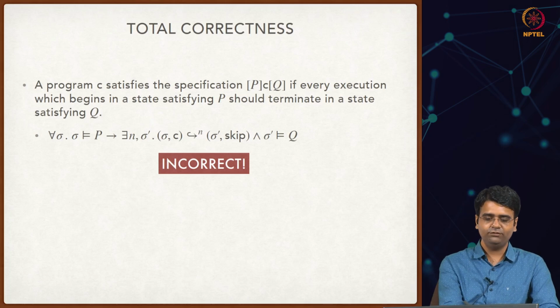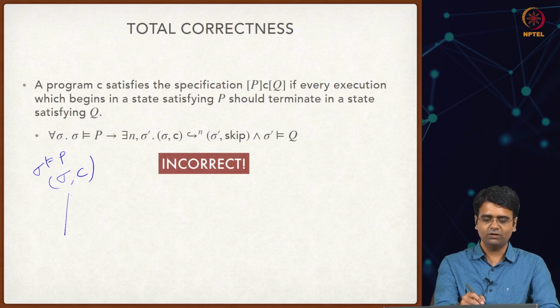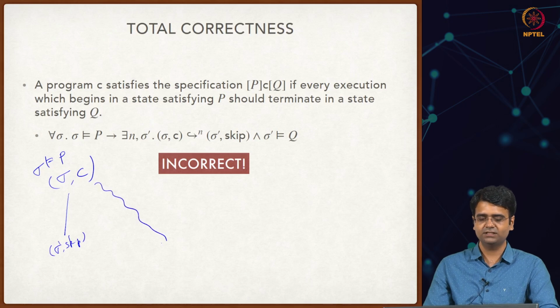So if you are in a state, let's say sigma C, where sigma is a model of P, then there could be one execution of the program which terminates, but because the language is non-deterministic, there could be another execution. So I could reach sigma prime comma skip here, but there could be another execution which doesn't terminate at all.